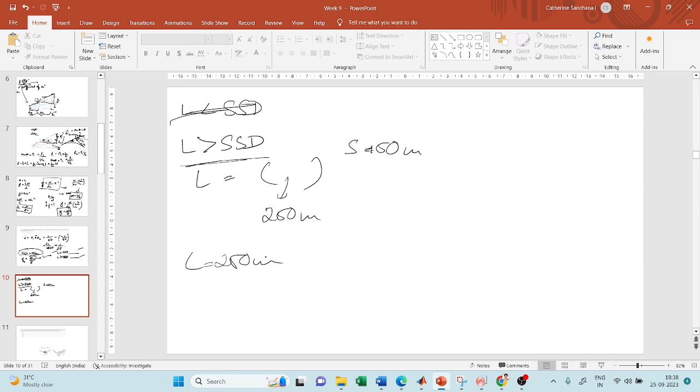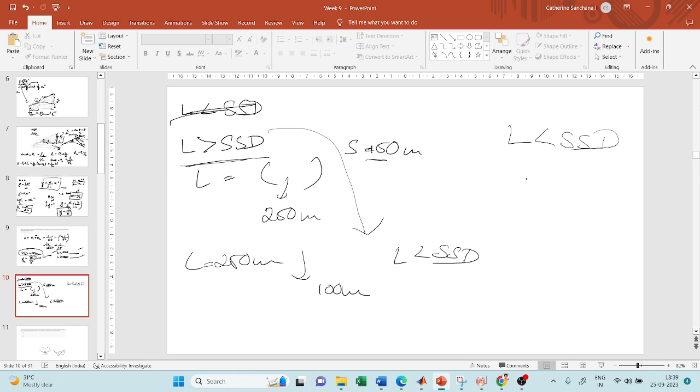Now, for this assumption, if you're getting the length of the curve as 100 meters, you know that for the SSD that they've given, comparing the length of the curve with SSD, your L is less than SSD. In such a case, the assumption that you've made is wrong. So you have to go to the second formula. You should say that this is not true.